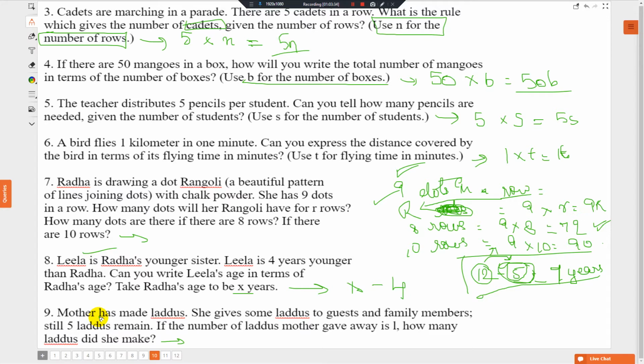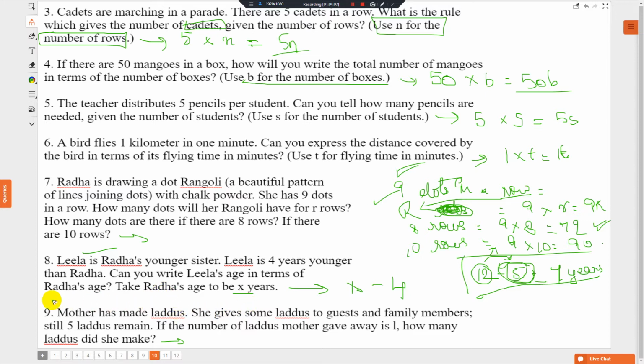Now here, we like to eat so many sweets, right? Like laddus, jalebis, kaju, gulab jamun, rasgulla, and some more. Here, mother has made yummy laddus, and she gave some laddus to guests and family members.